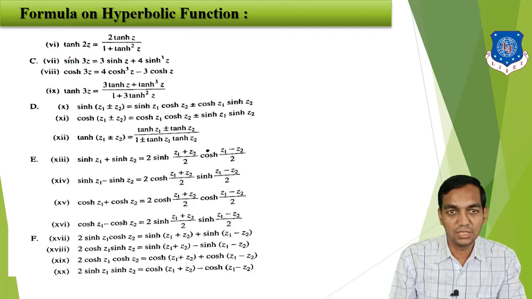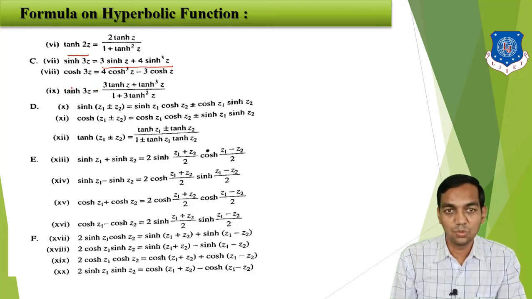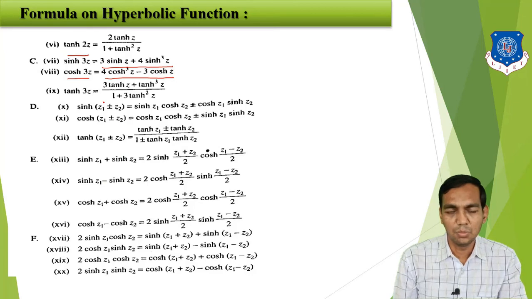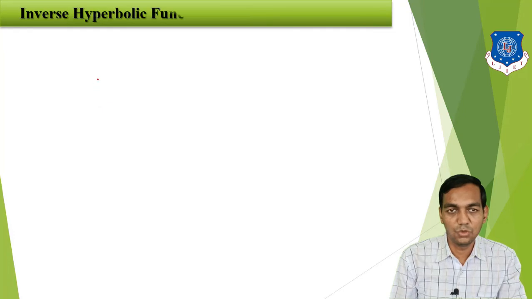These are the formulas: tan hyperbolic 2z is 2 tan hyperbolic z upon 1 plus tan hyperbolic square z, sin hyperbolic 3z is 3 sin hyperbolic z plus 4 sin hyperbolic cube z. Cos hyperbolic 3z is equal to 4 cos hyperbolic cube z minus 3 cos hyperbolic z. In the same manner, tan hyperbolic 3z is 3 tan hyperbolic z plus tan cube hyperbolic z upon 1 plus 3 tan hyperbolic square z. And sin hyperbolic of alpha plus beta has this formula. We do not require all of them, we require a few of them.